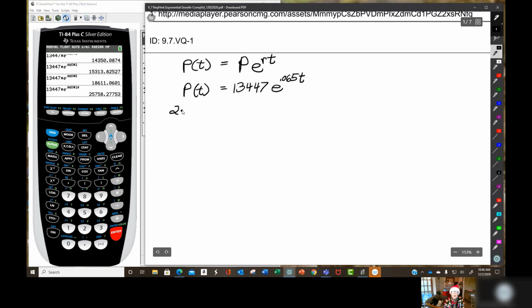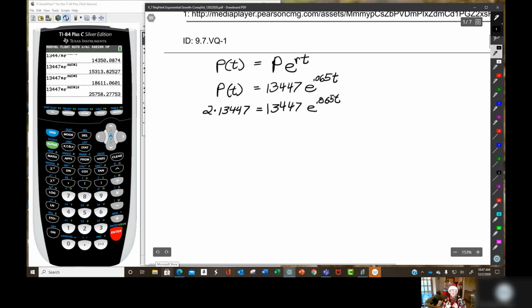I'm going to say 2 times 13,447 equals 13,447 e to the 0.065 T. And now we have to start going in steps.